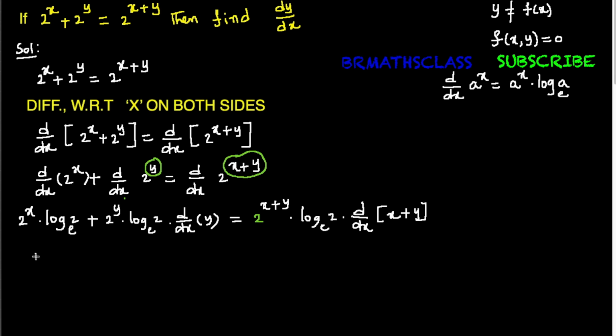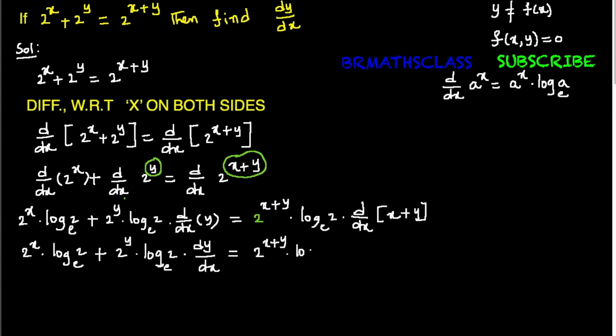Now if we differentiate this further: 2^x log 2 base e plus 2^y log 2 base e into dy/dx equals 2^(x+y) log 2 base e into d/dx of (x+y).